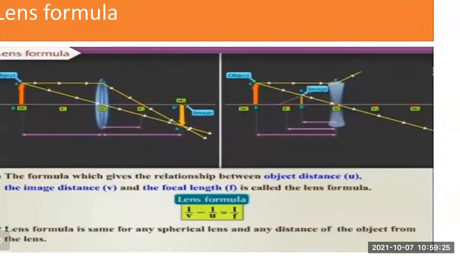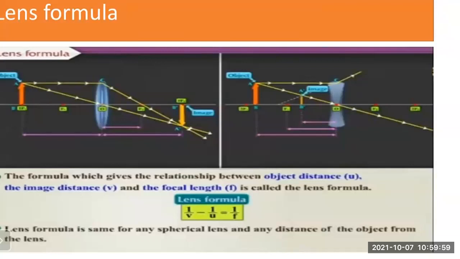Small u is the object distance, that is the distance from the object till the optical center. v is the image distance, the distance from the optical center to the image. And focal length everyone knows: the distance of the optical center from the principal focus is the focal length.